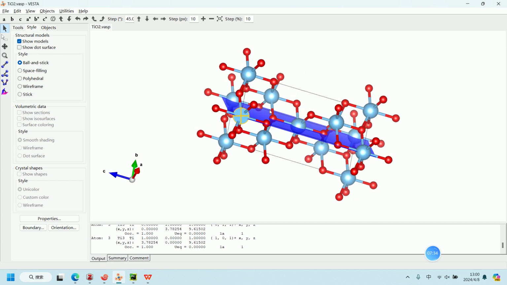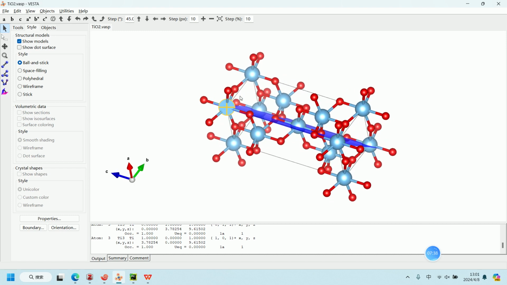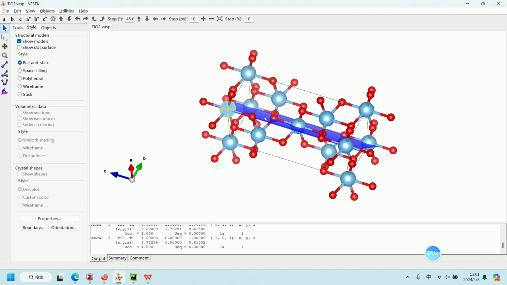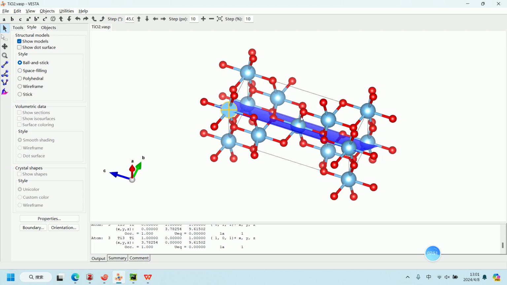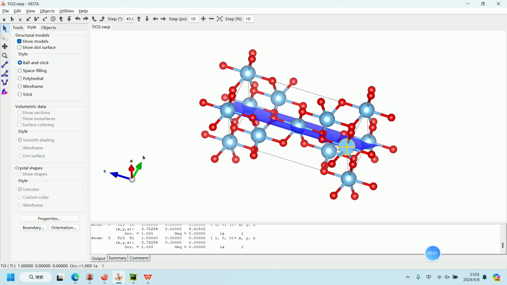So now we need to determine the B prime vector. How to determine that? We can set this as our origin point, and to obtain B prime, we can take the difference between the position vectors of these two atoms, right? Firstly, we need to know the position vector of this atom.